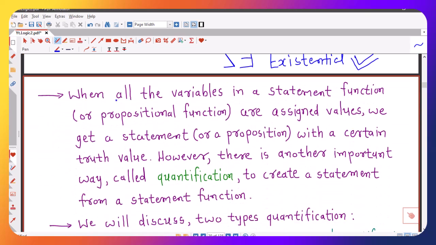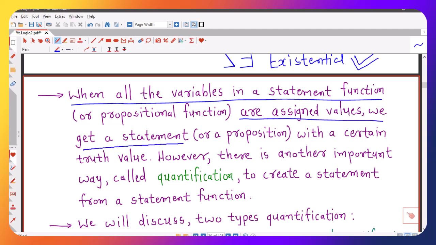So here I have written all these things. When all the variables in a statement function are assigned values, we get a statement or a proposition with a certain truth value. That means if we have a statement function, then by taking particular values of the variable, we obtain different statements which have truth values.